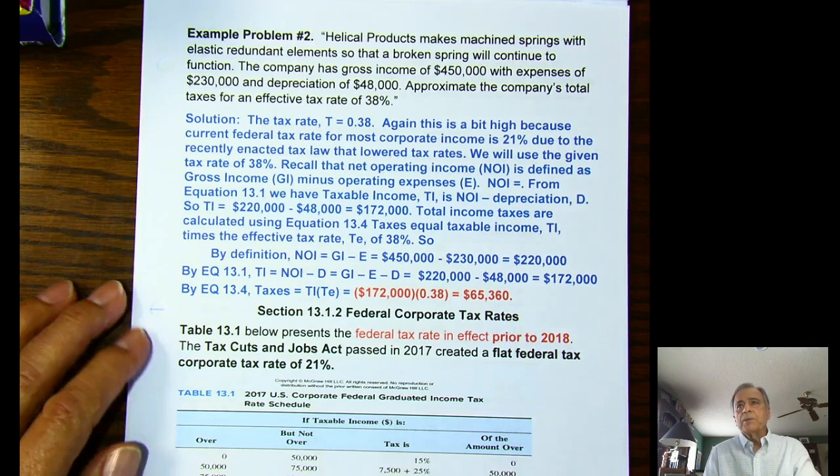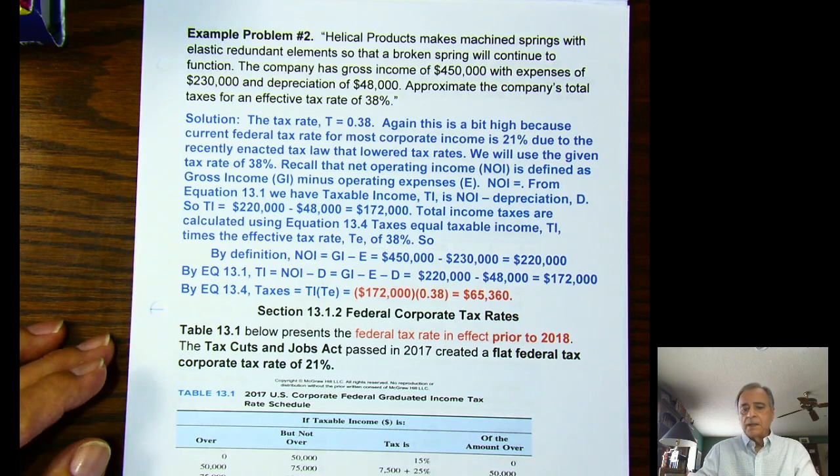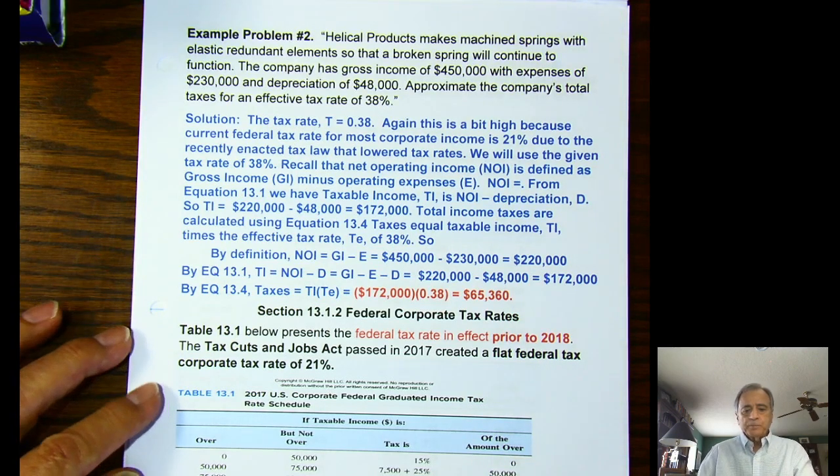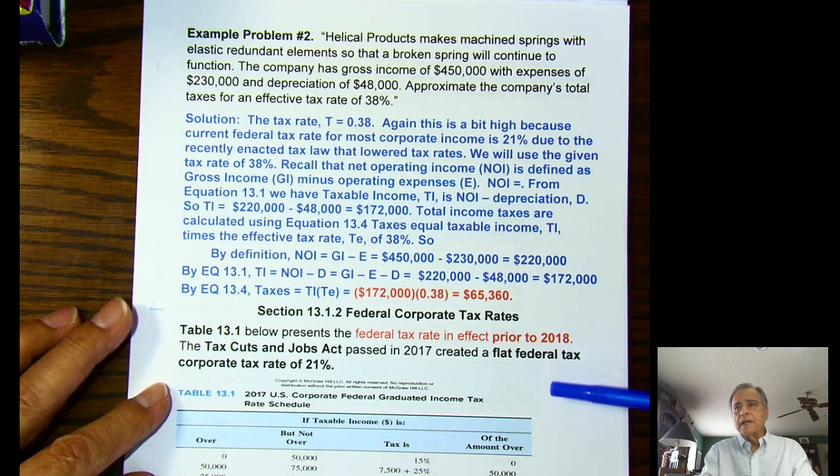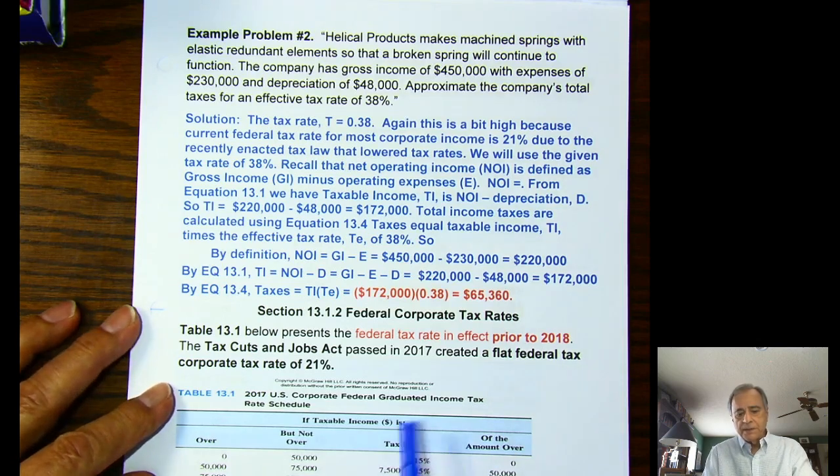So a pretty simple problem, just applying the equations that we already looked at. The author gives a tax table of federal corporate tax rates, and honestly, I don't know why he does that, because this table applied to federal income taxes prior to 2018.